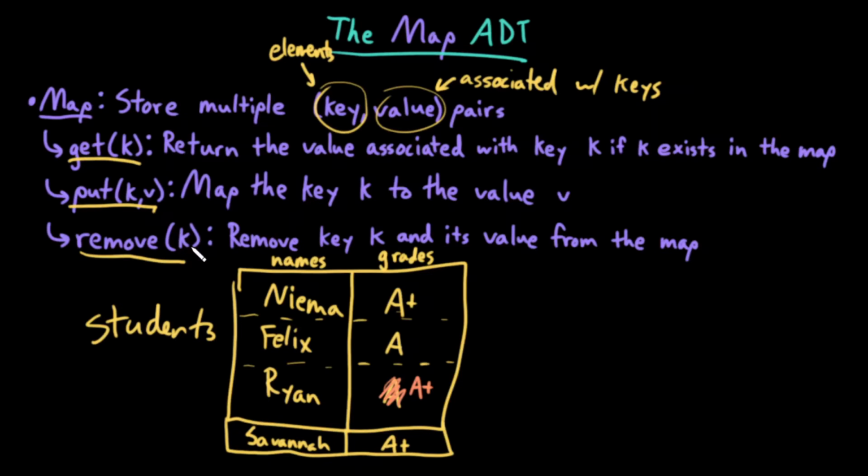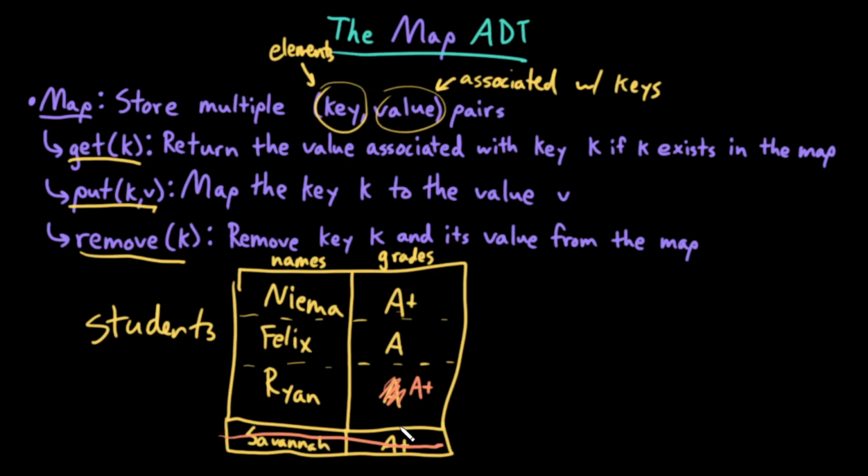So remove, given some key k, will remove key k and its value from the map. So for example, if I do remove Savannah, it'll say, okay, here's Savannah. Let me remove this key and its associated value from my map.